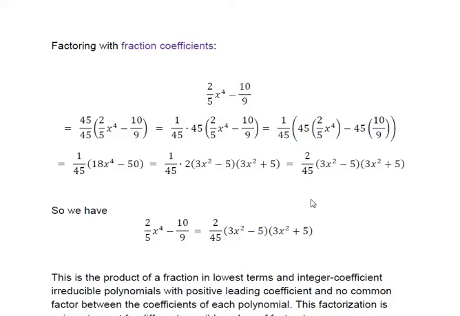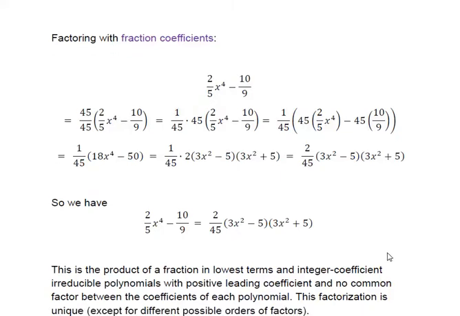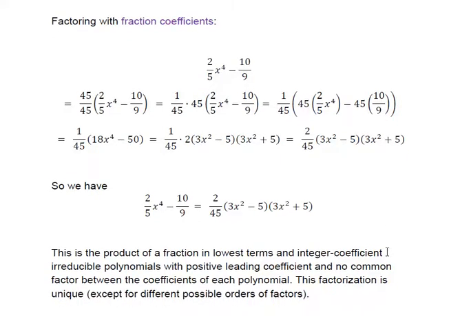Rearranging, we get a factorization of the fraction coefficient polynomial, where we have a fraction in lowest terms multiplying a product of non-constant, irreducible, integer coefficient polynomials with positive leading coefficient and no common factor that can be factored out from the coefficients of the polynomial. This factorization is unique except for different possible orders of factors.